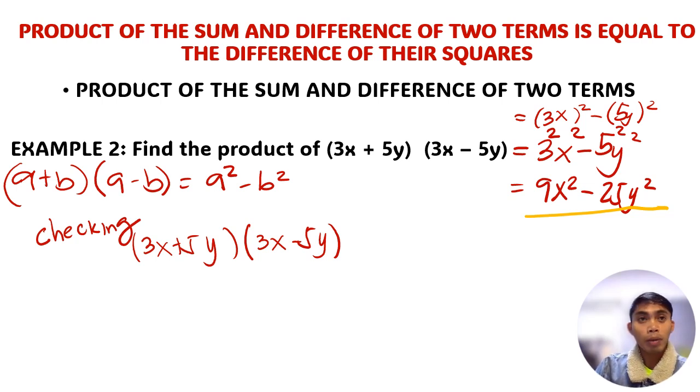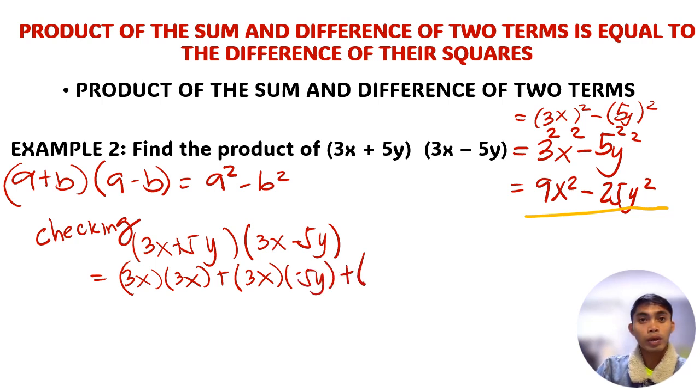Okay, so distributive property, so 3x times 3x, that is our first, plus 3x times negative 5y, plus after we multiply the inner, so simply multiply the inner, which is 5y times 3x, then the outer, plus 5y times negative 5y.